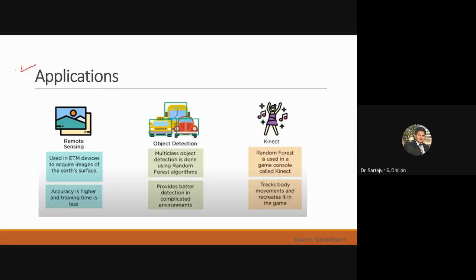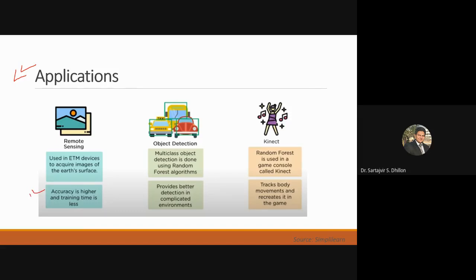First, we have to understand what the actual applications of the random forest are and why we have designed it. Basically, we can use a random forest classifier on remote sensing images. This one is an Earth image, and it is used with enhanced thematic mapper devices to acquire images of the land surface.